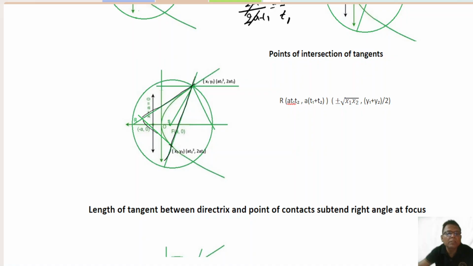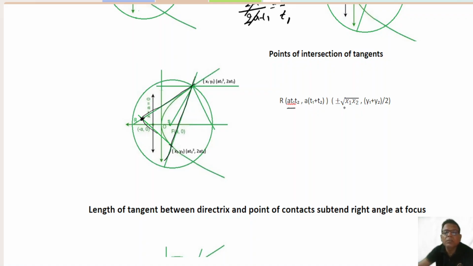From here, if you are drawing a tangent, if it is a focal chord, then definitely it will cut the directrix. So this is the point of intersection. So the point of intersection will be at1t2, a(t1 plus t2), because this is the t1 point and this will be the t2 point.